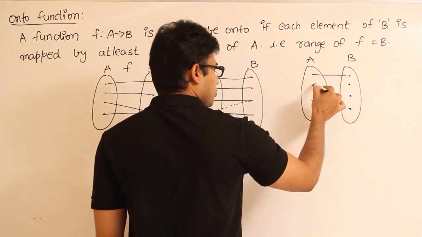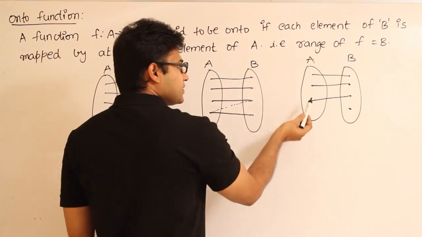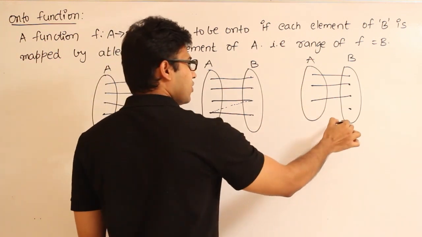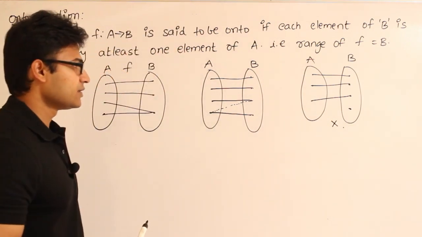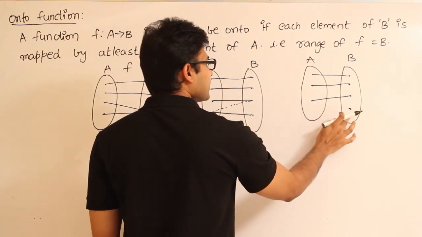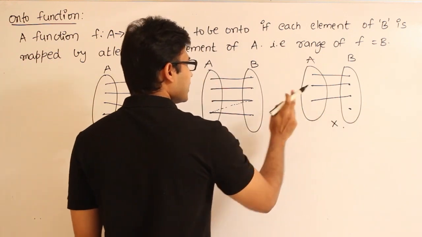Even though you try to give one element to every element in B, since there are fewer elements in A, it is not possible. Therefore it is not onto and it can never be onto. The reason is simple: if the number of elements in A is less than the number of elements in B, there is no way every element in B is going to get an element in A.